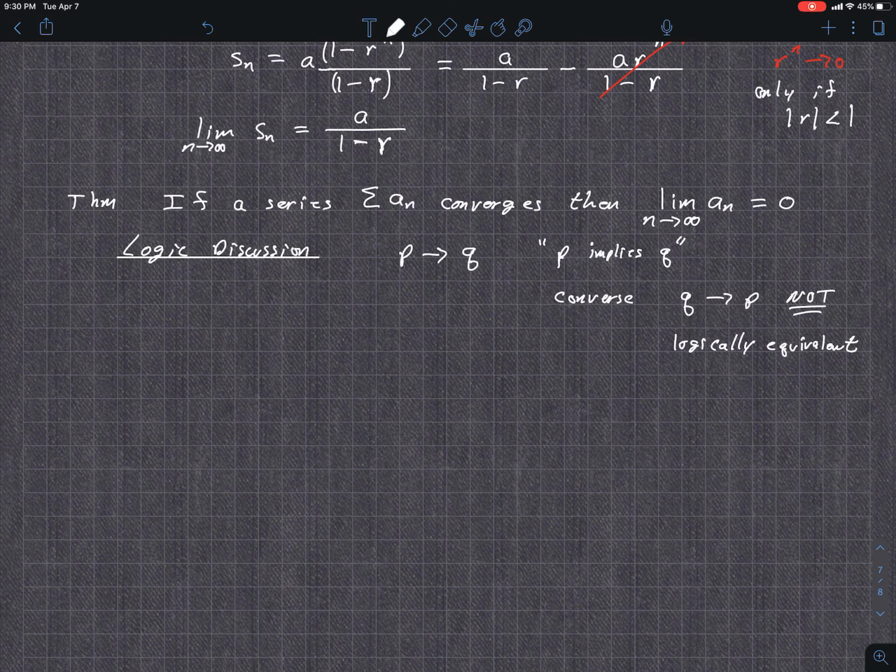However, what is logically equivalent is what's called the contrapositive: not Q implies not P. That's read not Q, or the negation of Q, implies the negation of P, or not P.